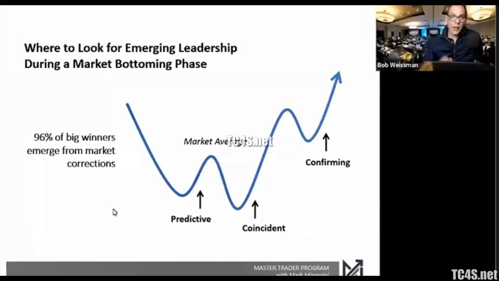And that's what I call a coincident breakout, or stocks emerging coincident with the market. And then confirming is after the market itself has put in maybe a big cup with handle and has moved sideways and built the base itself.